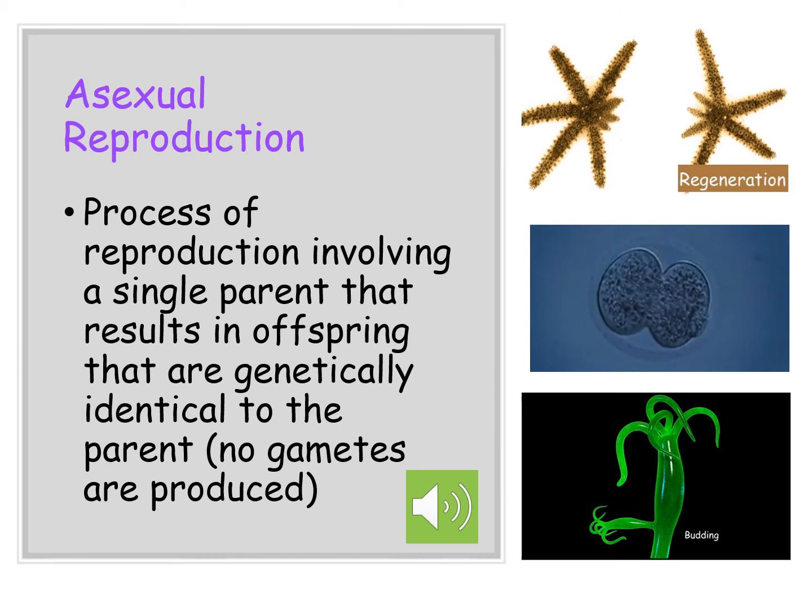Up in the top, you have regeneration, where the starfish broke off a limb, and it's regenerating that new limb. In the middle, you have budding, where you have a little bud that's starting to grow. The same thing with the hydra down at the bottom. The new part grows until it gets to a certain point, and then it just buds off and becomes a new organism, exactly genetically the same as the parent.